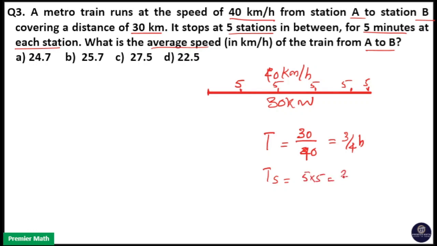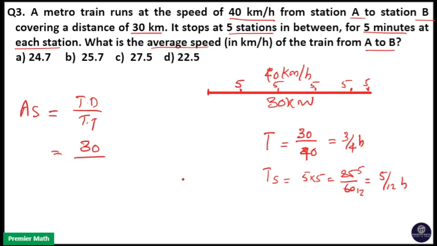So 25 by 60, 5 5s are 25, 5 12s are 60. So 5 by 12 hour. That means average speed is equal to total distance divided by total time. That is equal to total distance 30 kilometer and total time is equal to 3 by 4 plus 5 by 12.